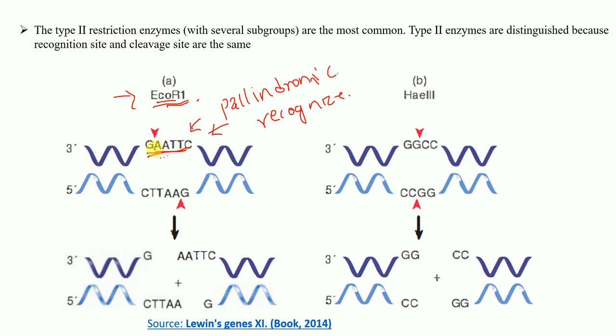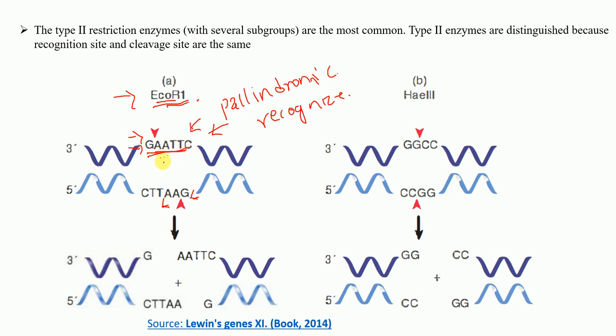So what does it mean, guys? Palindromic means, if you read from this side, GAATTC, and in this strand, if you read from this side also GAATTC. So we can read the same thing from one direction and from the other, back and front. This kind of sequence is called a palindromic sequence.